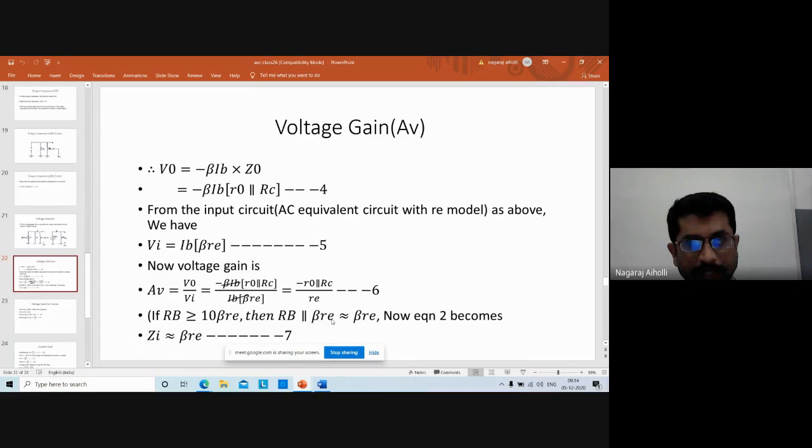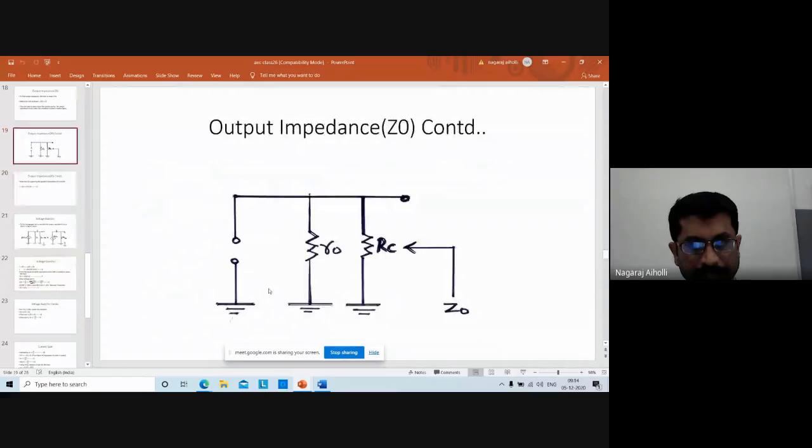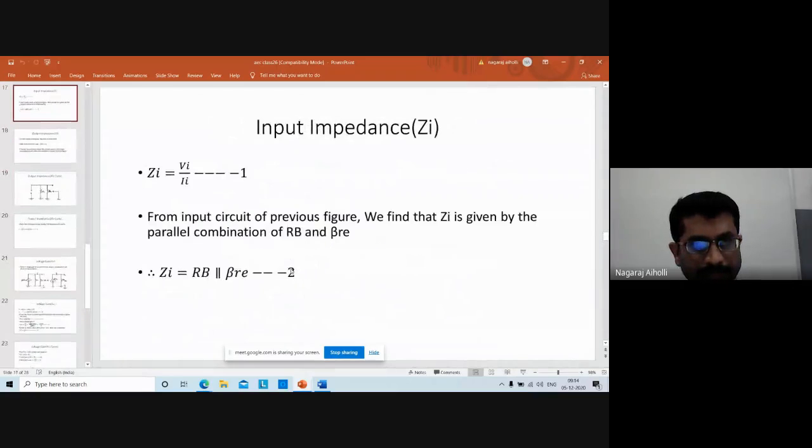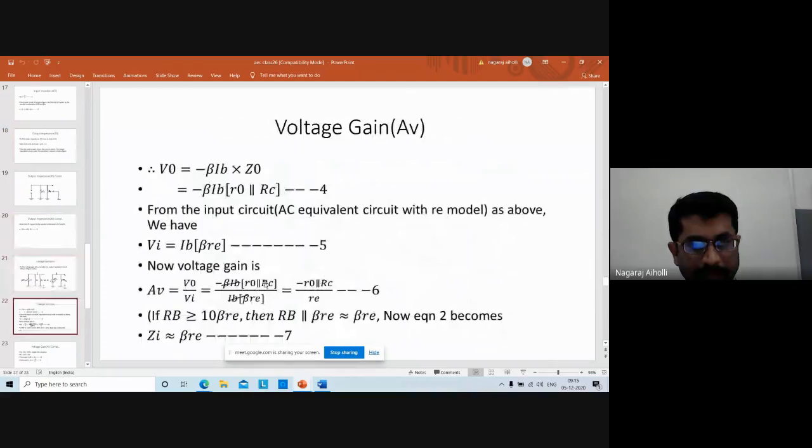Therefore, 10 times beta RE parallel beta RE will give only beta RE. So RB parallel beta RE becomes only beta RE.